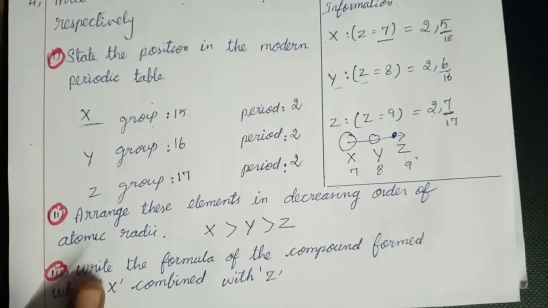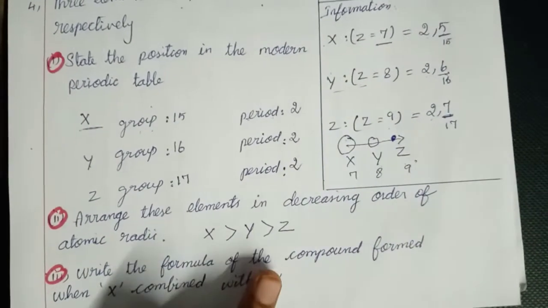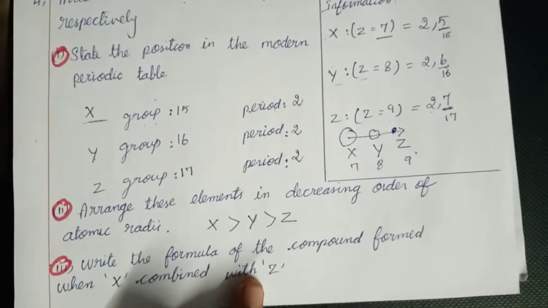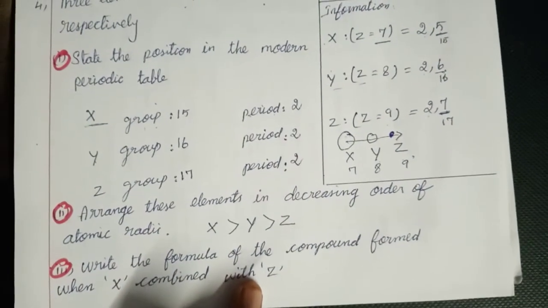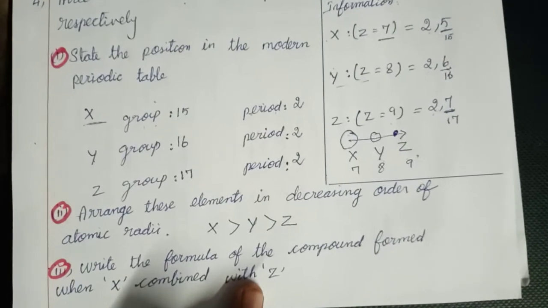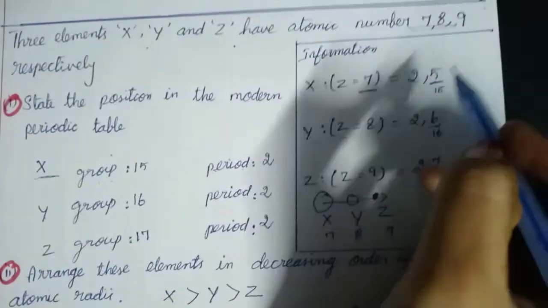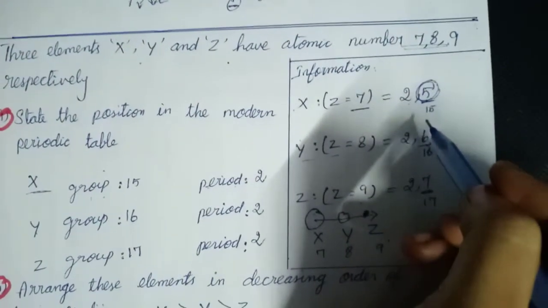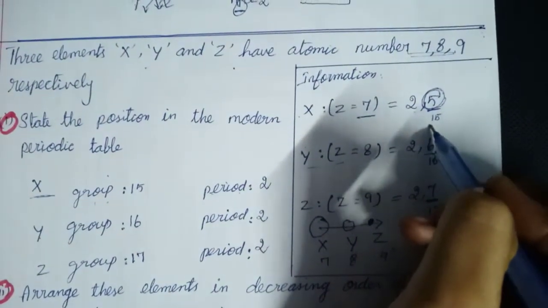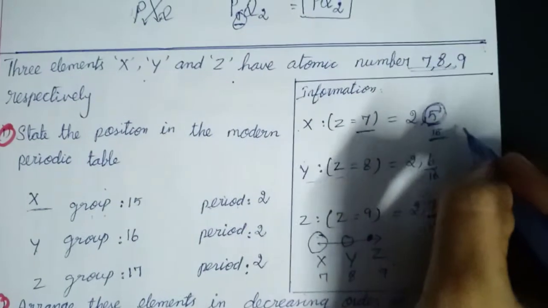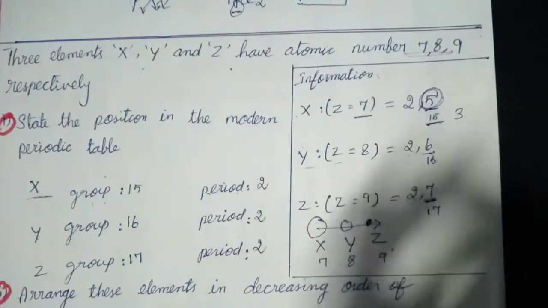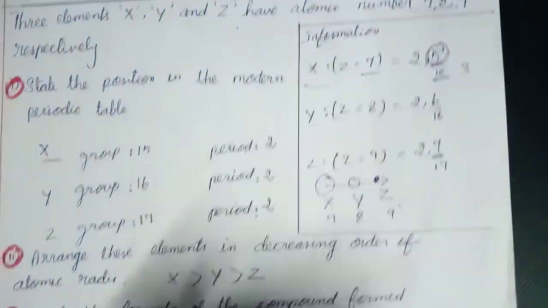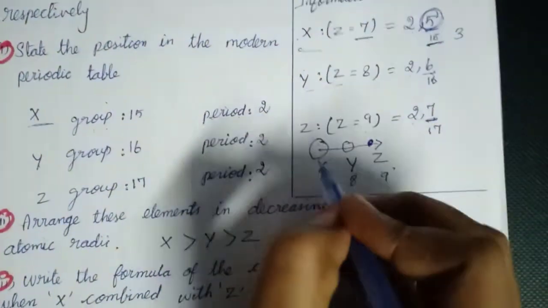Next, write the formula of the compound formed when X combines with Z. So we must know the valency of X and Z. So X, outermost electrons 5. So what is the valency? It belongs to group 15. 15 means the valency is 3. Okay, and X and Z only, the question asked.